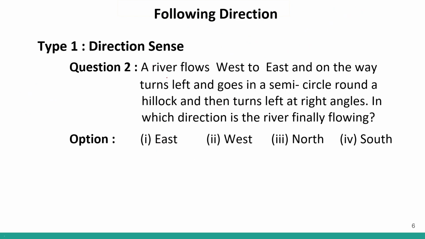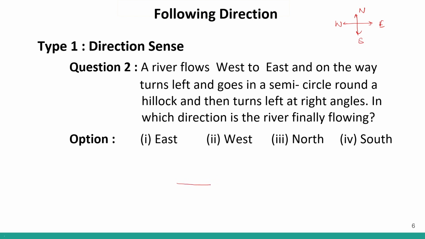Now, a river flows west to east. So again, a small diagram for your reference. A river flows west to east. So this is how the river is flowing. And on the way it turns left. So if the river turns left, right, it will take this direction.